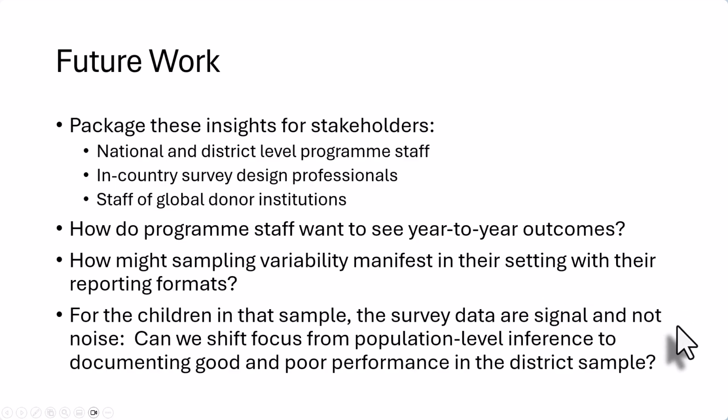And then we'll just point out again that for the kids in that sample, the survey data are signal and not noise. And so if you find some clusters where coverage is low, well, that's a signal. We know then that there are some clusters where coverage is low. And so can we narrow in on what the challenges and issues are in the areas where we did find low coverage?